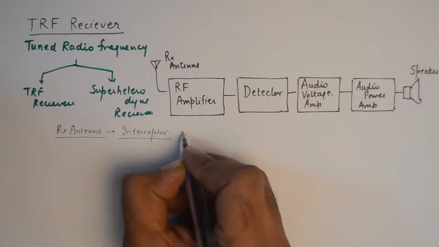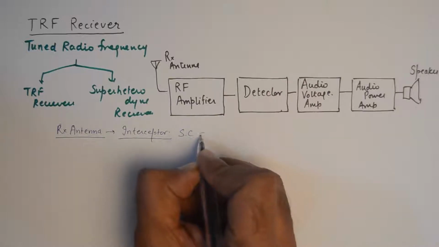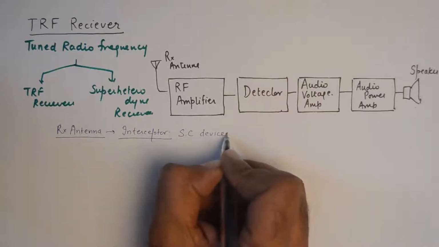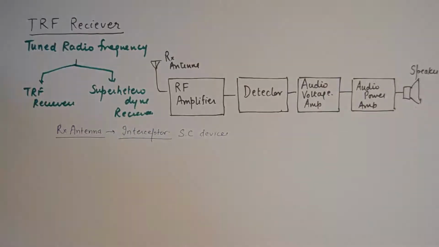So it can be thought of as a device which receives the electromagnetic wave, sees what frequency is there in it, and produces an equivalent electrical signal of the same frequency.